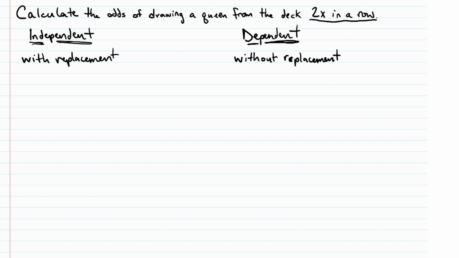All right. So now let's look at what we mean here by twice in a row. Another way of putting twice in a row is really this. What you're really asking is that you draw a queen and you draw a queen.